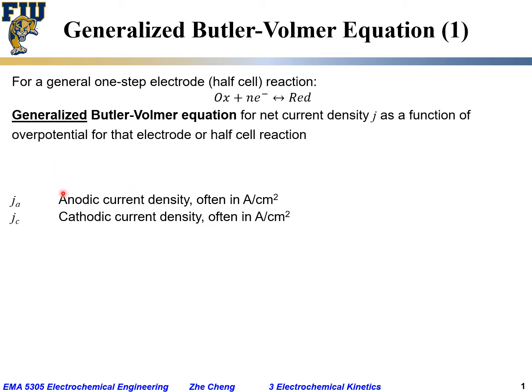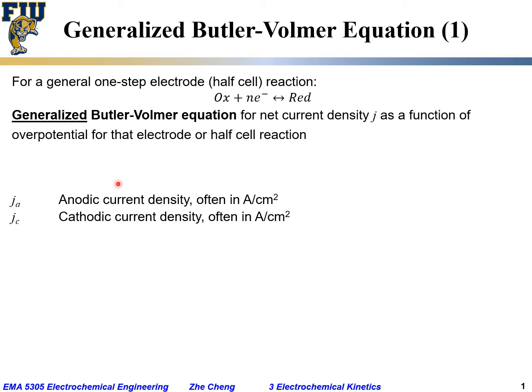J, the net current density, comes from two parts, JA plus JC. JA is the anodic or oxidation component. JC is the cathodic or reduction component. When you add these two together, the net is J. JA, of course, as we said, is positive for anodic.